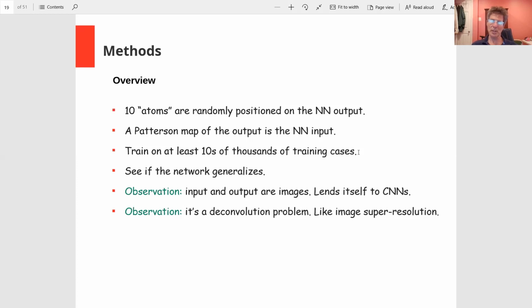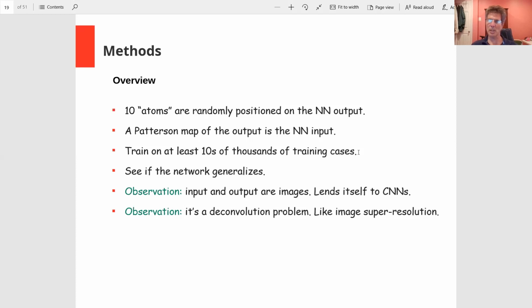So one observation is that input and output are images. The Patterson map has real physical meaning, and it's in real space, not Fourier space. And by having input and output images, this method lends itself to convolutional neural networks.